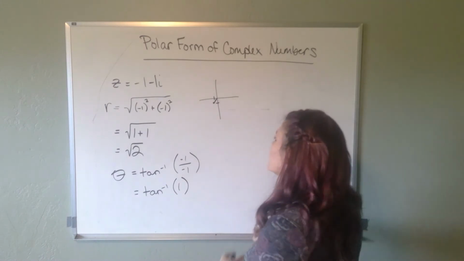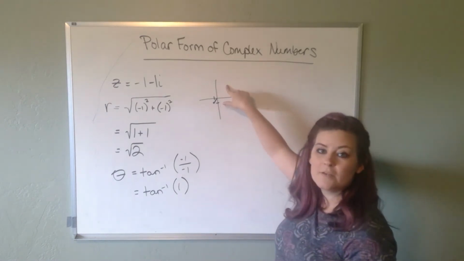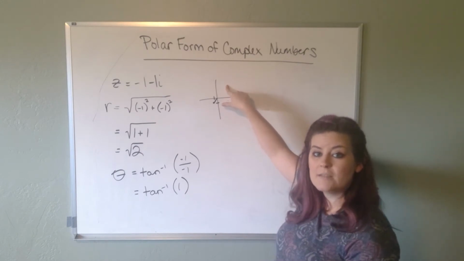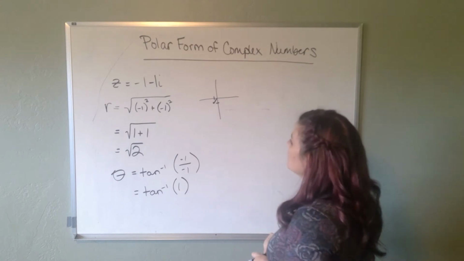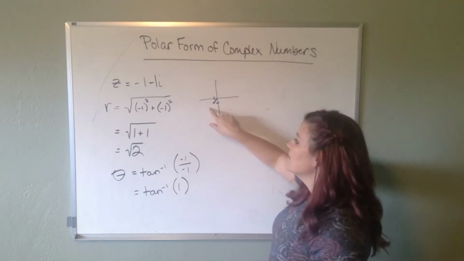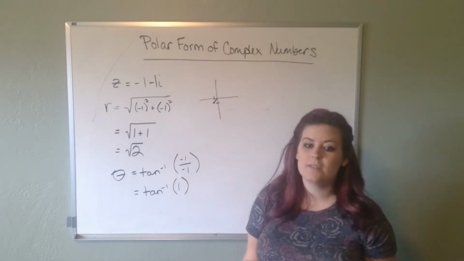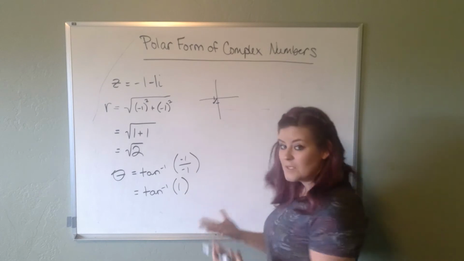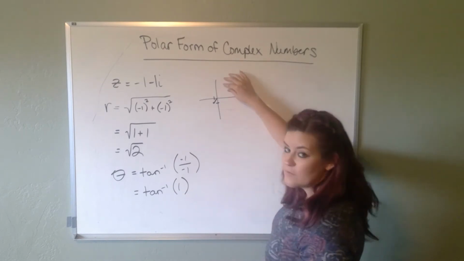When I did this on the last question, I said, oh, tangent's 1 up here at pi over 4. And that was my answer because both x and y were up here. They were positive. But could I use pi over 4 now? No, I need the angle in the third quadrant where tangent is positive 1. So it is going to be a pi over 4, but it's not going to be pi over 4.